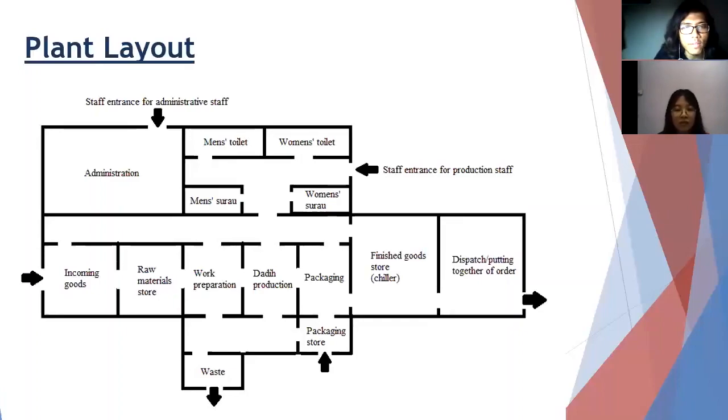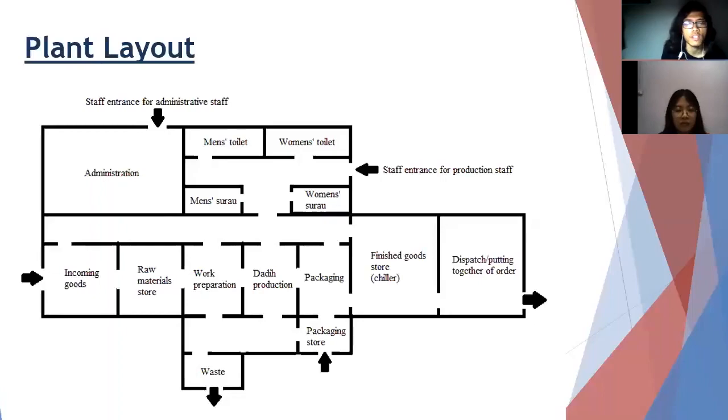As we can see, it is a well-organized processing line. But there's one problem. The waste area is near to the processing line.